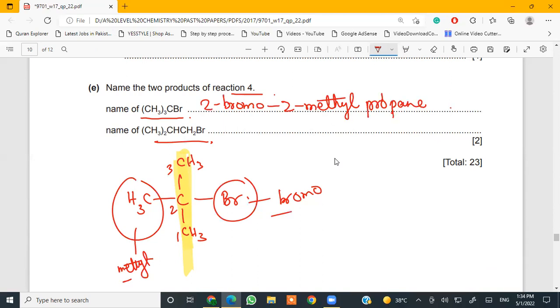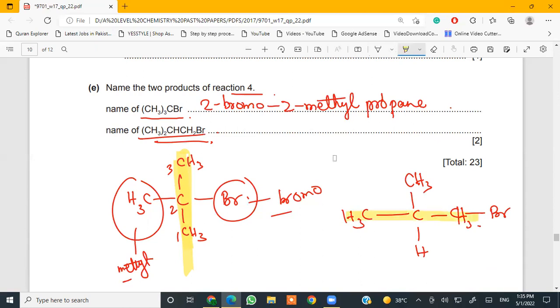And then the last one, again, you need to open up the chains. So carbon, carbon, this is bromine, and this carbon has 2 methyl groups. Again, identify the longest continuous carbon chain. In this case, you've got 1, 2, and 3 carbons in the straight chain, and there is a methyl group on the second carbon.